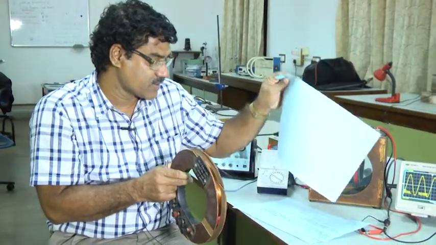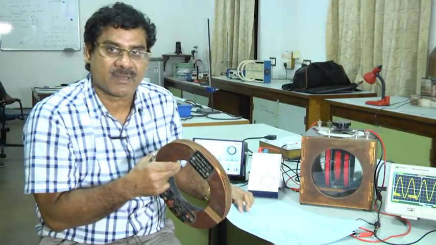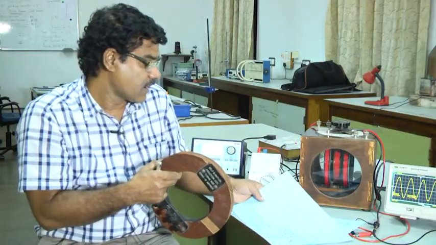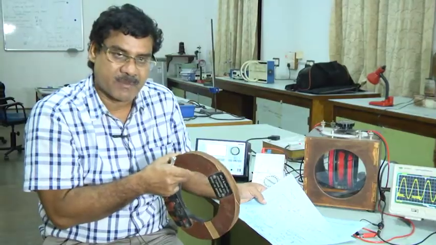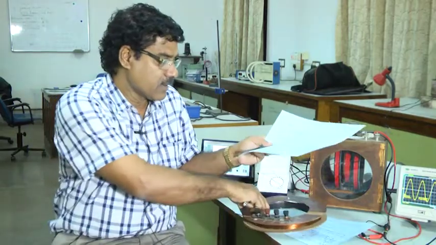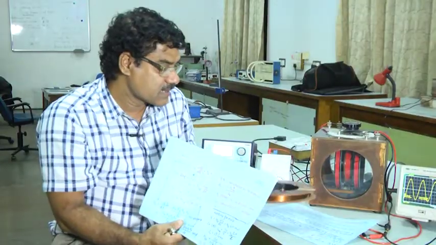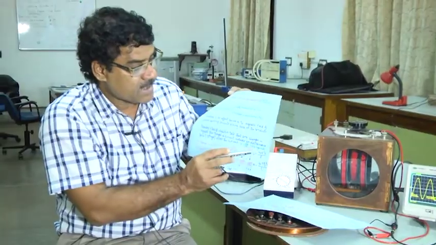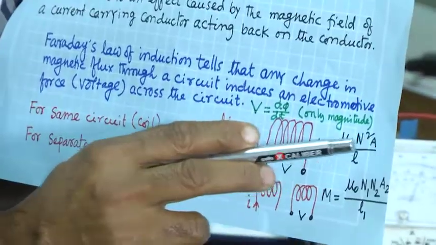For this experiment, now we want to find out the mutual inductance of the two coils, right. For this experimental geometry, we have to find out the theoretical working formula. Here I have written L equals mu 0 n square A by l.